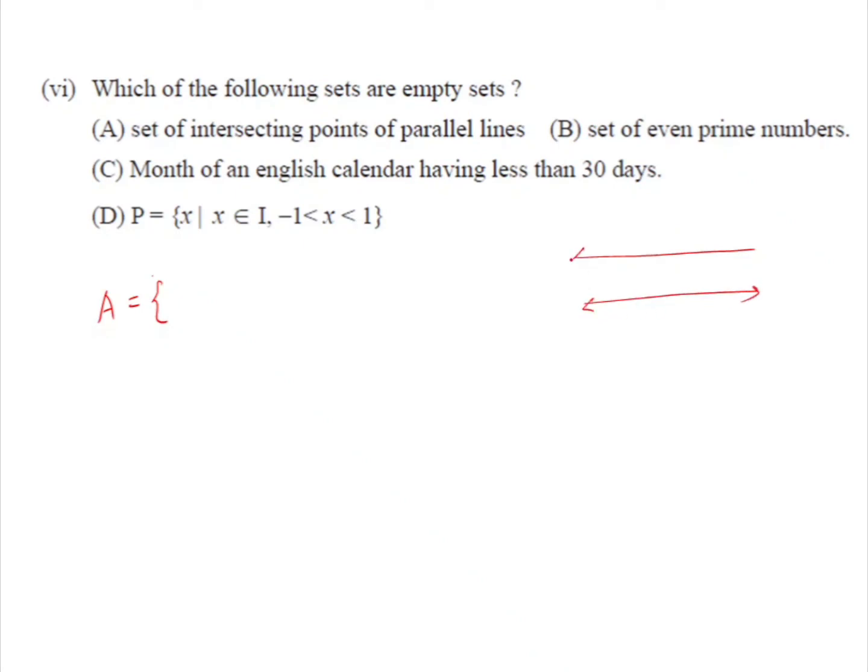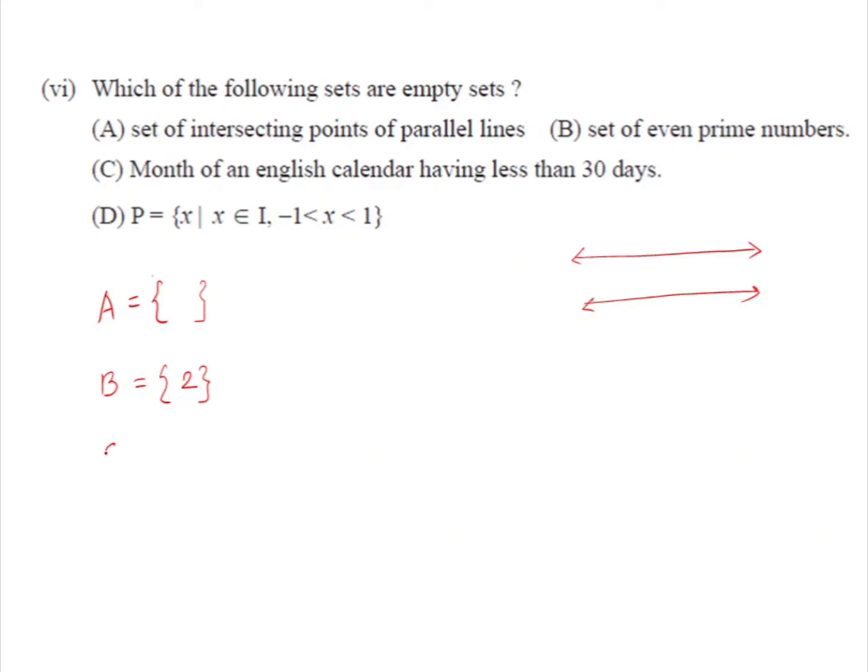So there will not be a point of intersection of these two parallel lines. That's why set A is an empty set. Now set B, we have to find such numbers which are even and prime. As we know, there is only one even prime number, that's 2. So in set B there is one element, that's 2.